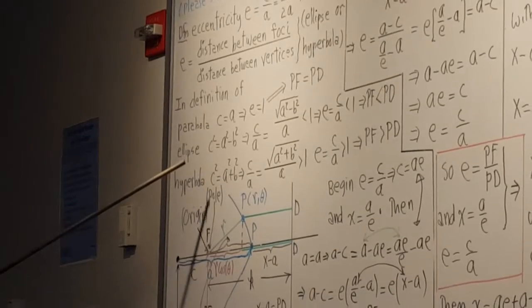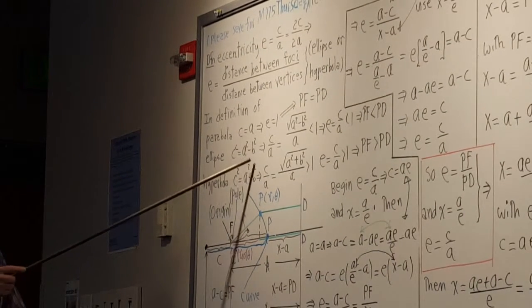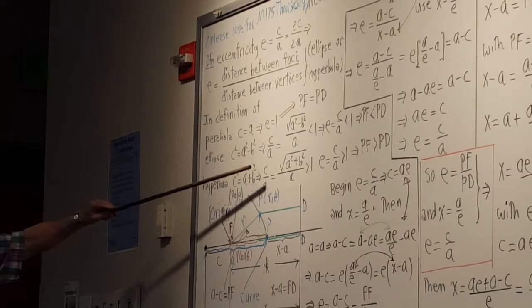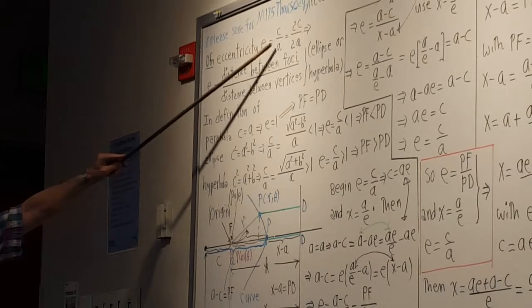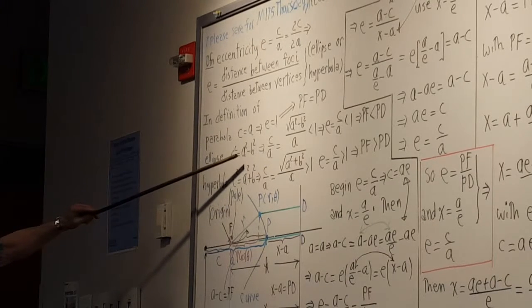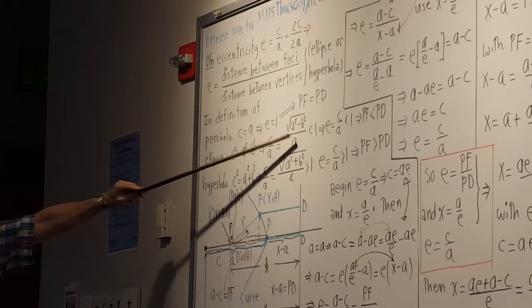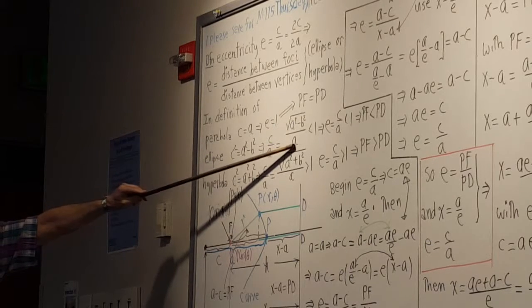The c squared is a squared minus b squared, and so if you take the c over a, thinking of eccentricity, you have the square root of a squared minus b squared over a, and this is certainly smaller than this is.